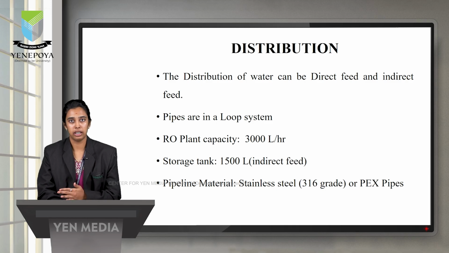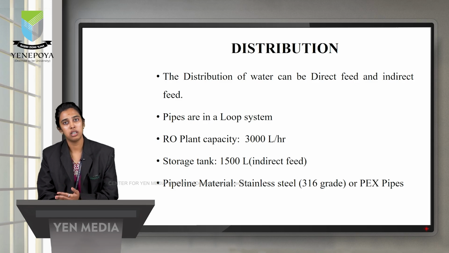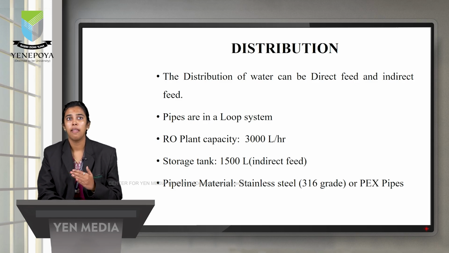For indirect feed, the storage tank capacity should be 1500 liters or 1000 liters, depending on the unit. The pipe should be in a loop system, like a bend system. It should not have straight ends or multiple branches, because with straight ends there is a high chance for bacteria to colonize. So we prefer the loop, that is, curved bends.